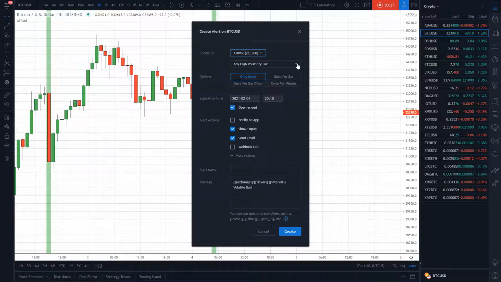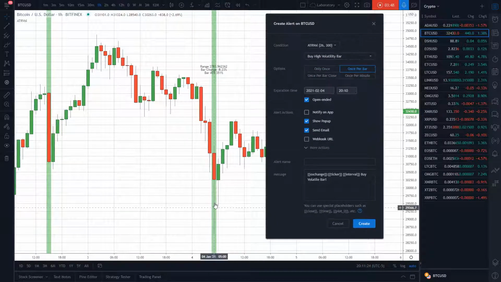There's going to be three options here: any high volatility bar or a buy or a sell. Now, in this market environment, there's only one thing people want to do, obviously, and that's buy. So buy would be the one we choose for now. It may change in the future. We'll see. And then we want to do it once per bar. If we did it once per bar close, then we wouldn't find out about this until the next bar.